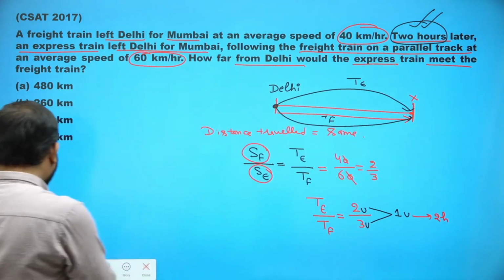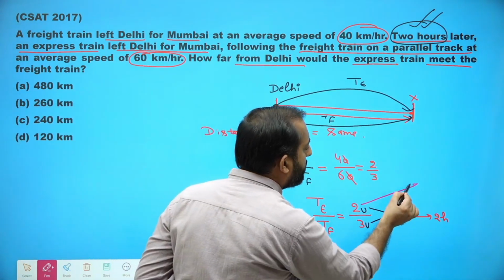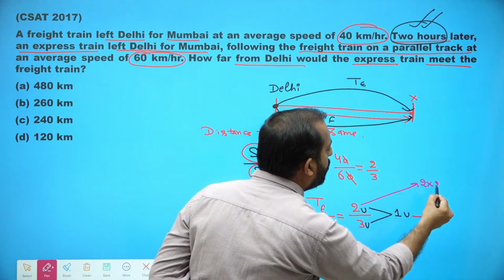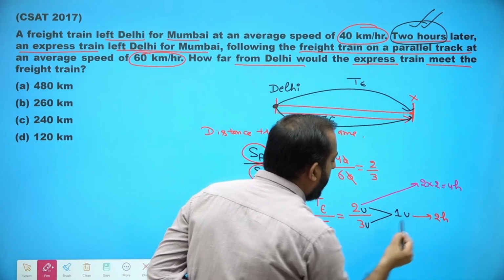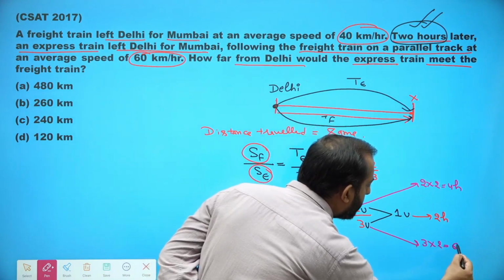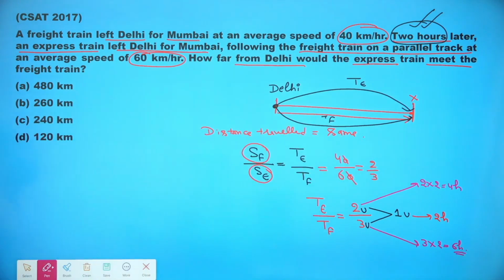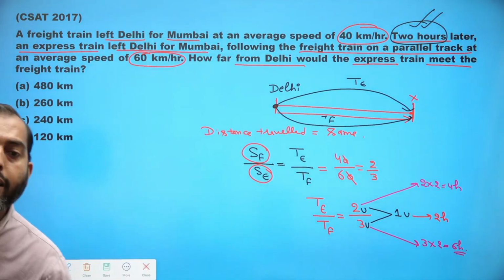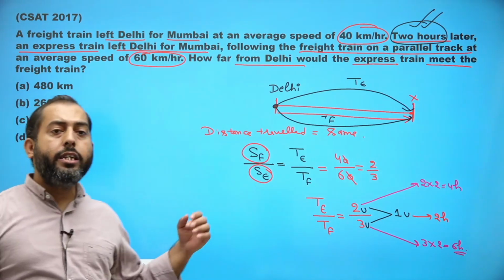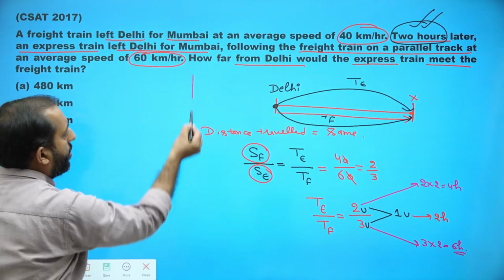If 1 unit equals 2 hours, then definitely 2 units must equal 2 into 2, that is 4 hours, and 3 units must equal 3 into 2, that is 6 hours. Meaning, the express train is taking 4 hours to reach that meeting point, and the freight train is taking 6 hours to reach that meeting point.